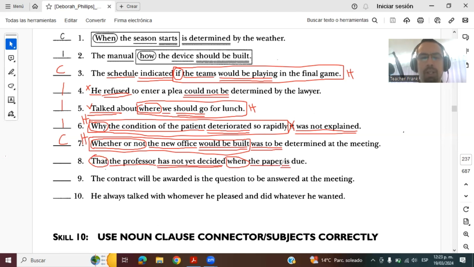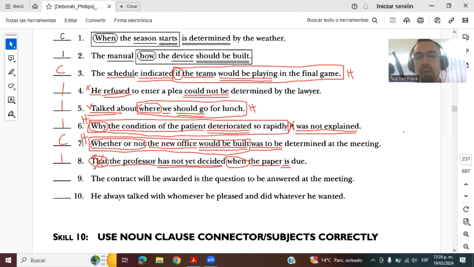The paper, but we don't have a third verb. So this is incorrect because we have an extra connector, right? In order for number 8 to be correct, we need to put another verb, like it says here, when the paper is due is certain. That the professor has not yet decided when the paper is due is certain, or eliminate a connector, right? Maybe the professor has not yet decided when the paper is due. The professor has not yet decided it, right? But yeah, it's incorrect.